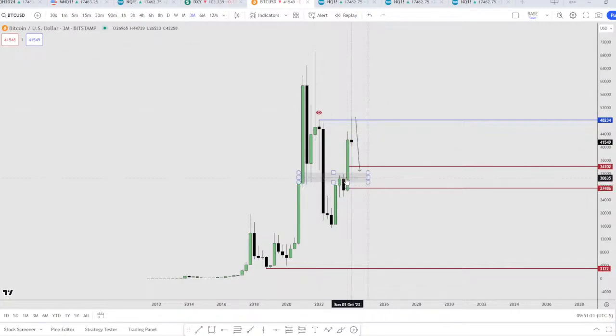But I think personally it's going to run through this down close candle, and we're going to run the lows. We have lots of sell side liquidity that has yet been tagged. All right, so that's for Bitcoin.